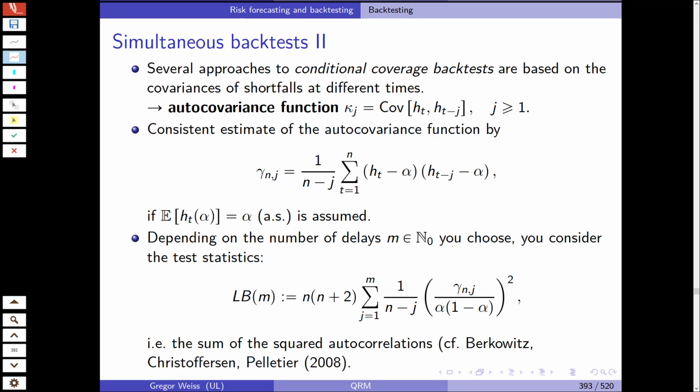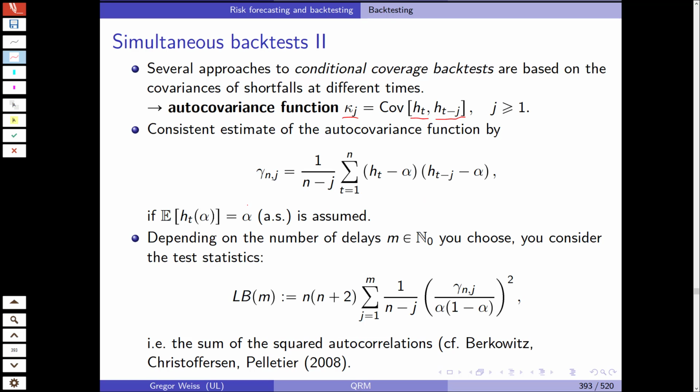They are based on the covariances of the hits or shortfalls at different times, and you're looking at the autocovariance function, which is kappa j, the covariance between the hit probability at point t and point t minus j. And consistent estimates of the autocovariance function are given by this very simple estimator.